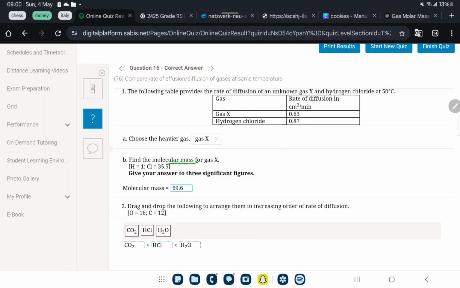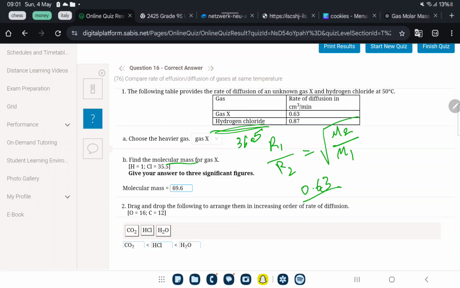You get rate of diffusion 1 over rate of diffusion 2 equals square root of molar mass 2 over molar mass 1. Molar mass of hydrogen chloride is 36.5. So R1 is gas X, so 0.63. R2 is hydrogen chloride, so 0.87 equals radical M2.